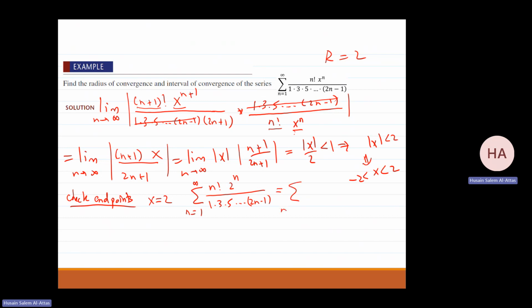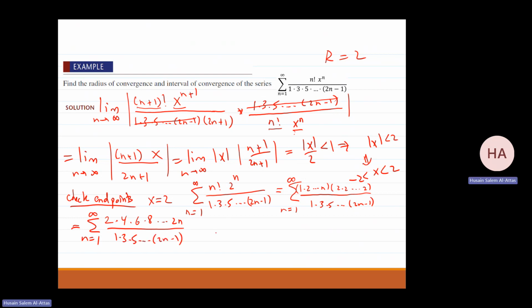This is n factorial, and this is 2 to the n over 1, 3, 5 up to 2n minus 1. If you look at the series, we do it one by one: 1 times 2, this is 2. 2 times 2, 4. 3 times 2, 6, 8, until you reach 2n over this.